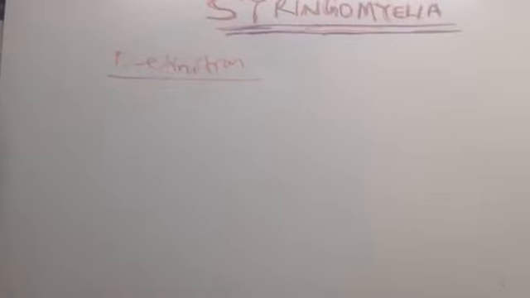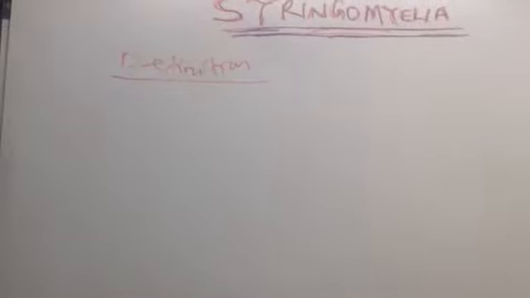So what is the definition of syringomyelia? By definition, syringomyelia can be defined as a disorder in which there is formation of a cyst inside the spinal cord itself.